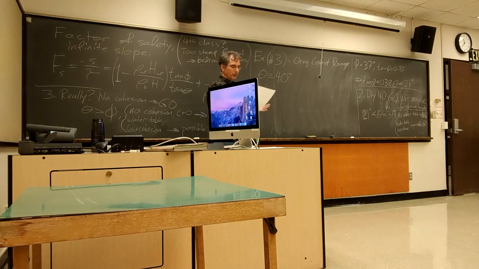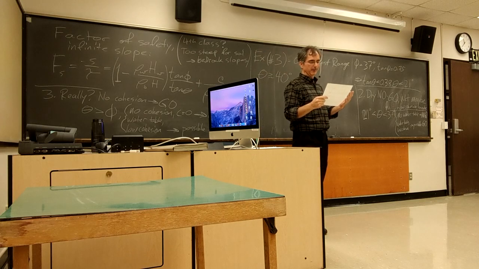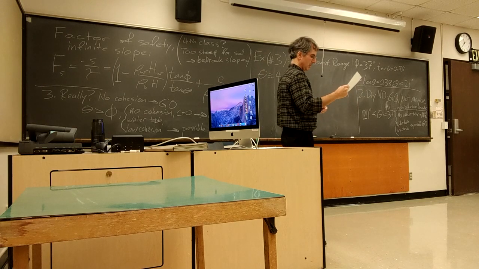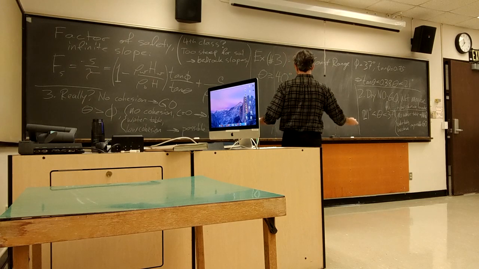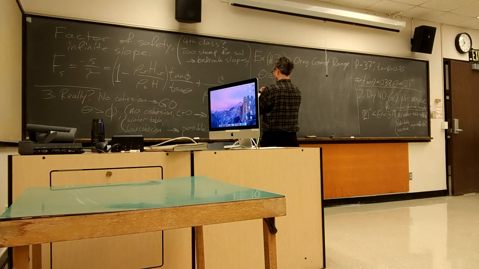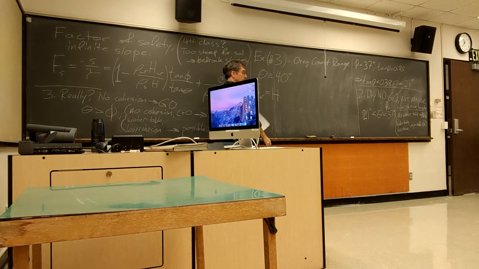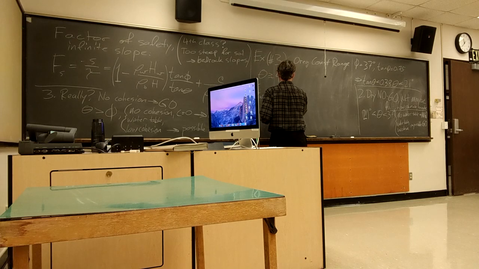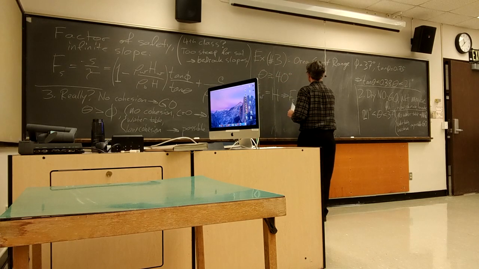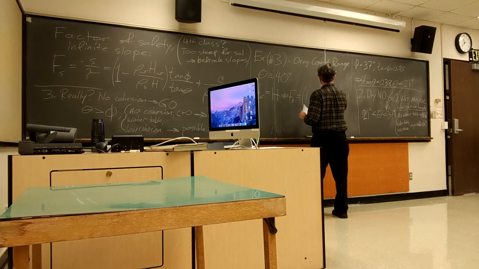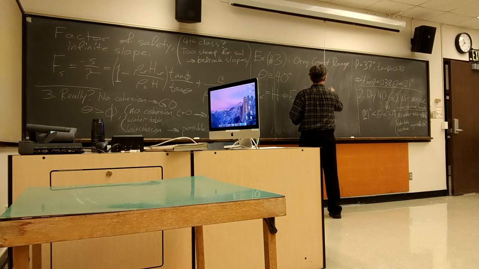So one question is, how much cohesion is necessary to keep it stable if the water table rises to the ground surface? And of course, I erased my master equation, but I'll have to write it up again. So in that case, if our water table thickness equals our soil thickness, then the factor of safety is simplified somewhat, because these cancel.